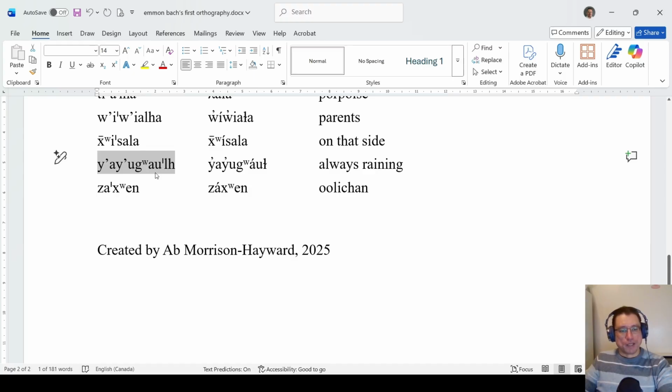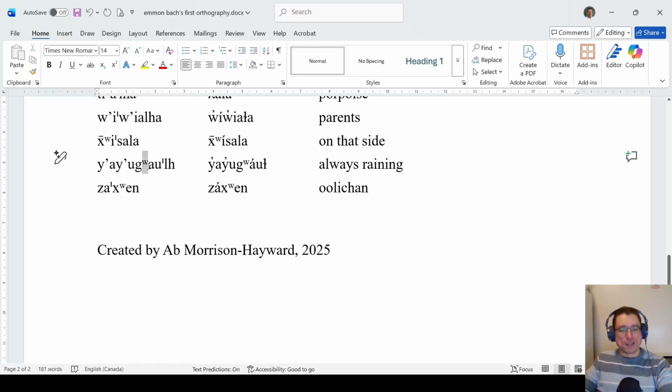Next we have ya'ugos. So if you listen closely, I'm saying gos and not gos. So that's what I was talking about before, about this digraph representing an open O sound. It's aw.